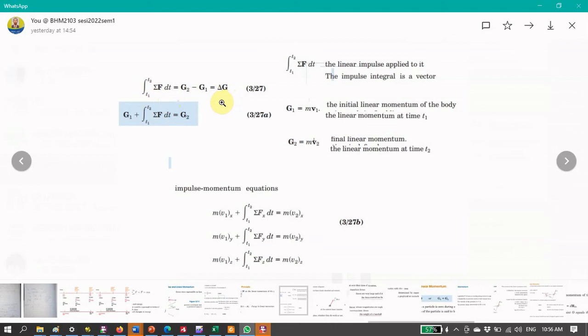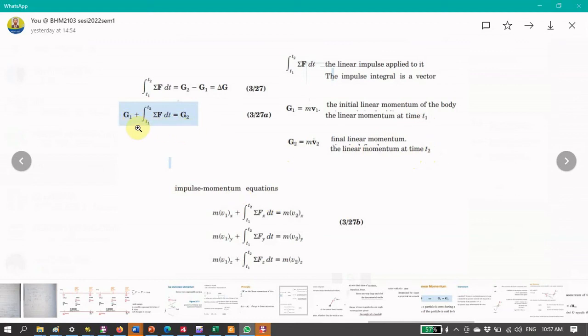Normally we take the final values minus the initial values. So the initial linear momentum is the linear momentum at time t1, and G2 will be the linear momentum at t2. And this equation is the impulse momentum equation in vector notation, right?